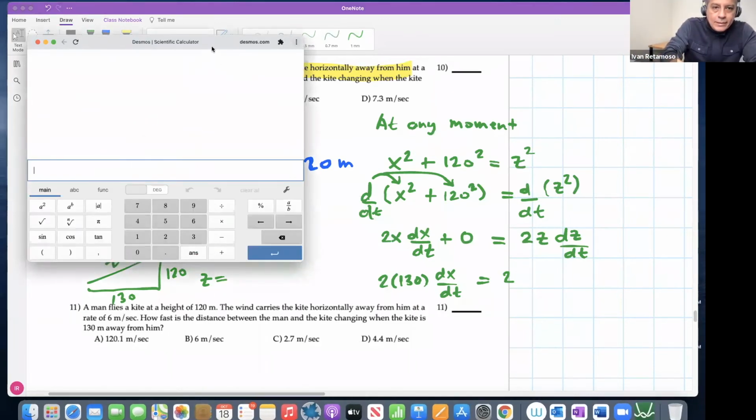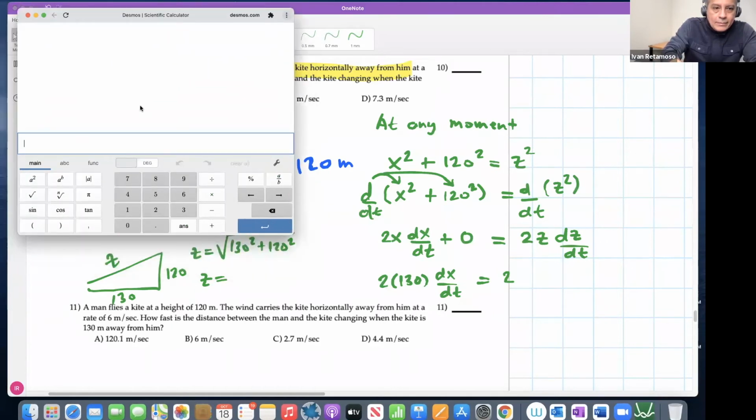Let me show you here. The square root of 130 squared plus 120 squared. This time probably it's not going to be exact, but that's not a problem. Just round it to 2 decimal places, should be fine. Yeah, I get 176.91.